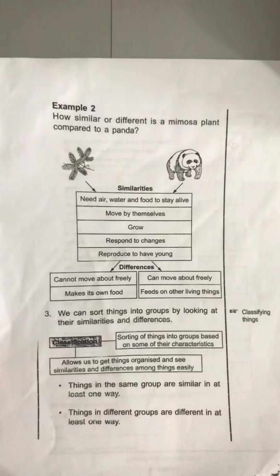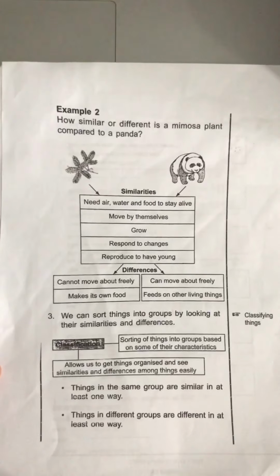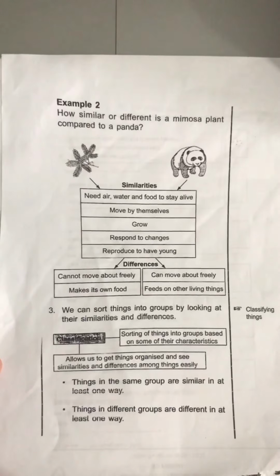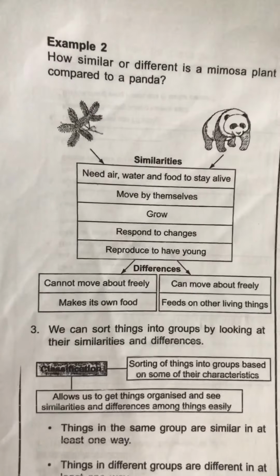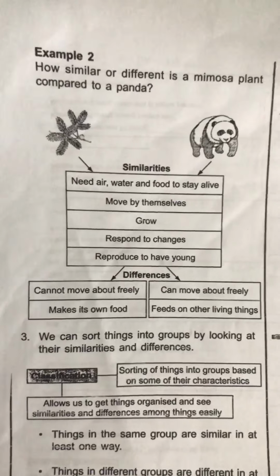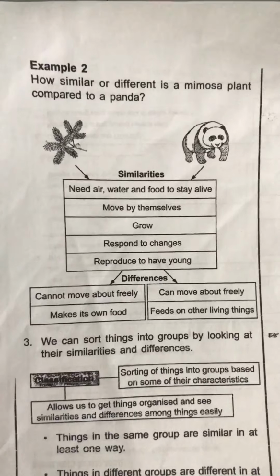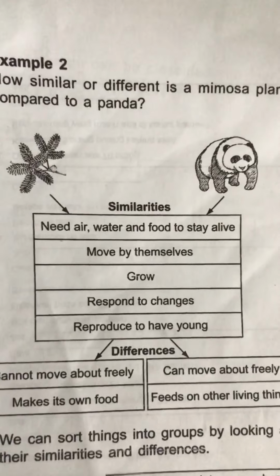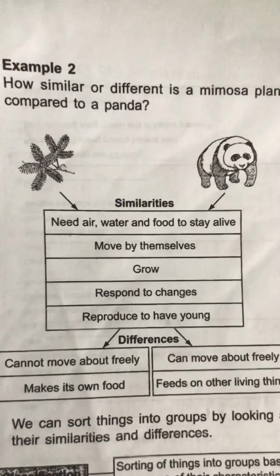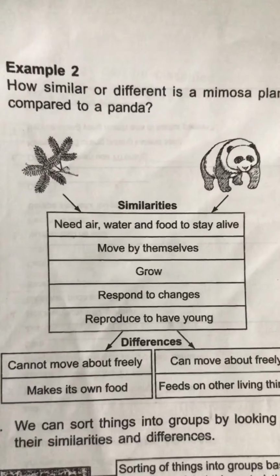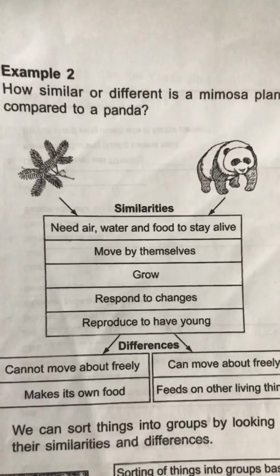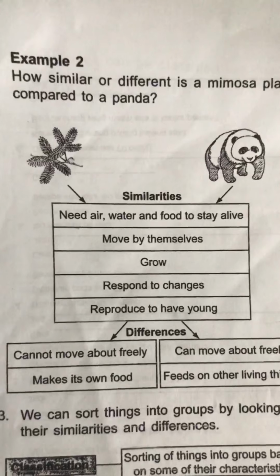Second example: here I already put plants and animals. Here I have a mimosa plant and I also have a panda. Look, we will classify the similarities here. Both of them are living things, so the similarities are they need air, water and food to stay alive. They move by themselves.